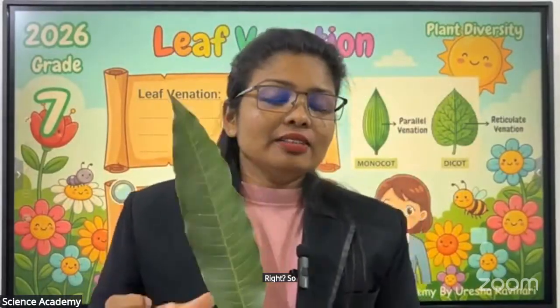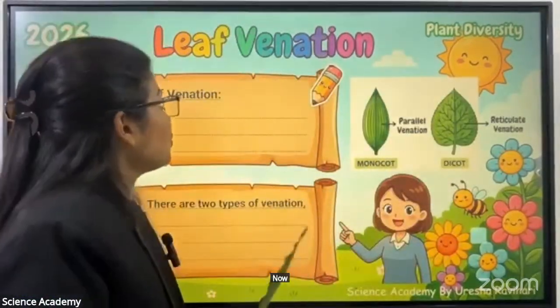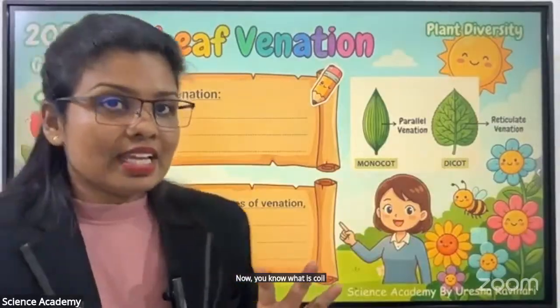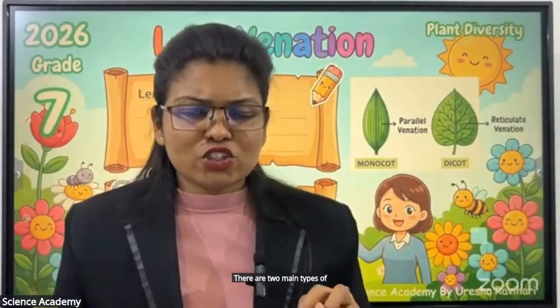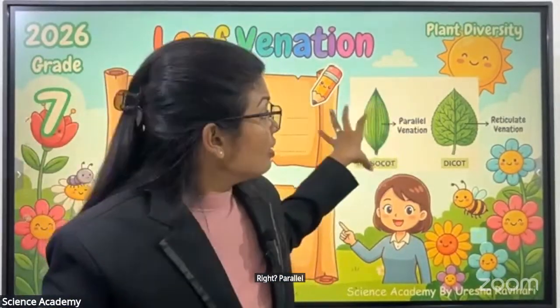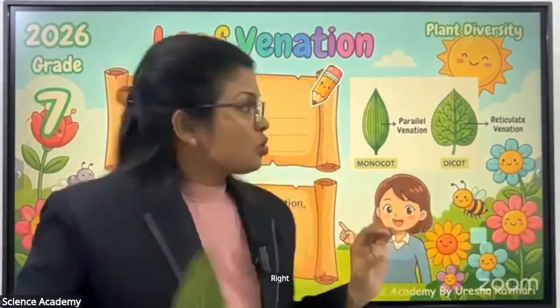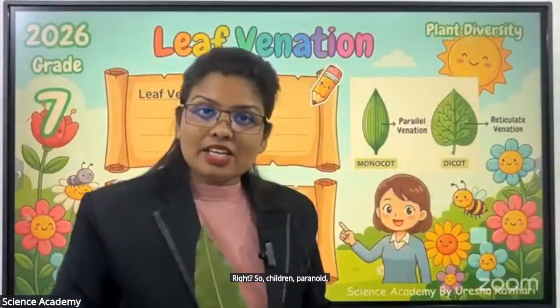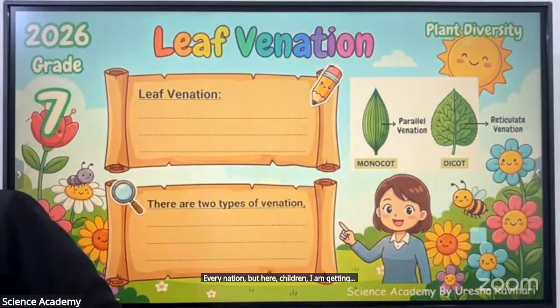So children, now you know what venation is. There are two main types of leaf venation: parallel venation and reticulate venation. For this, I am taking two samples.